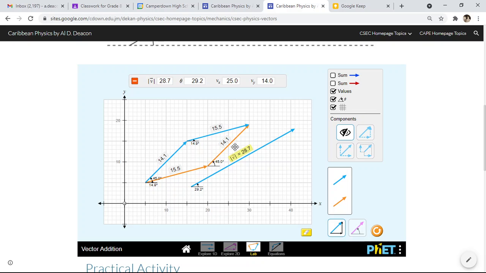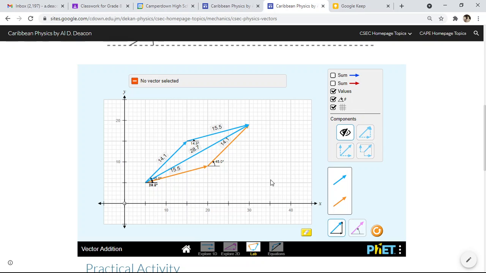So when you add 14.1 to 15.5 acting at their different angles, I am going to get a resultant. This one here is called a resultant, right? This is the result that I will get from adding 14.1 acting at 45 degrees to 15.5 acting at 14.9 degrees. See there. This is the Patwa version of adding vectors using the parallelogram law, people.